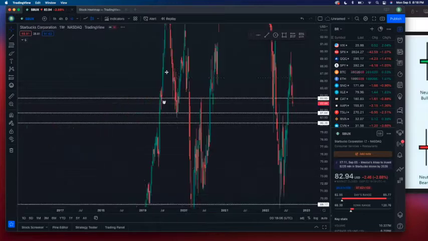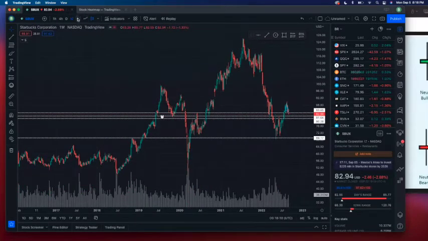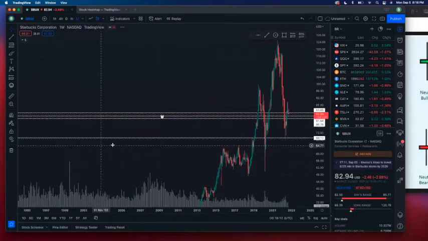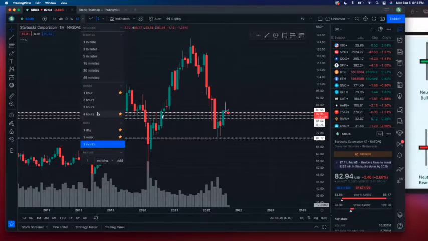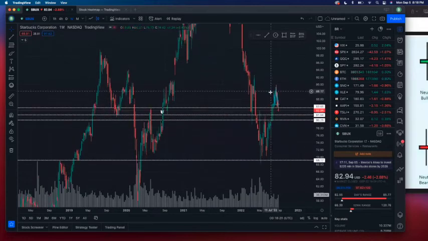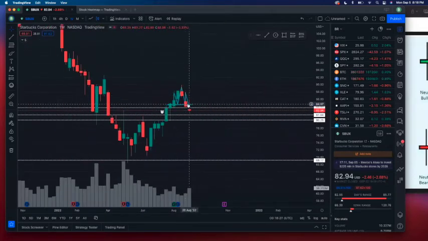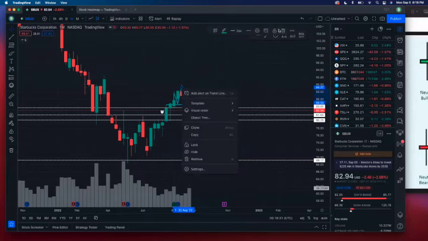Now, if you go look at the weekly, we're kind of forming another head and shoulders, even if you look at the 1 month. It looks like it's trying to form shoulder, head, and might be forming another shoulder. And then if you go back to the weekly chart, see this candle?